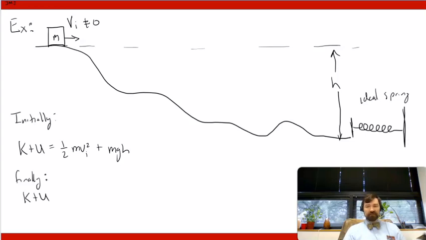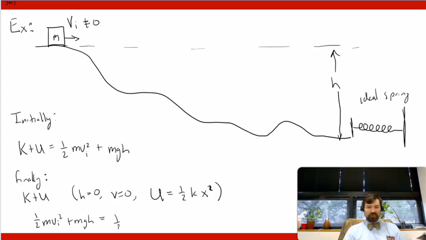And how far does this compress? Well, it stops compressing when the speed is 0. So h equals 0, v equals 0. But your potential energy is 1/2 k times whatever your compression is, k x squared. And so you can set these two things equal to each other. You get 1/2 m v initial squared plus mgh is 1/2 k x squared.